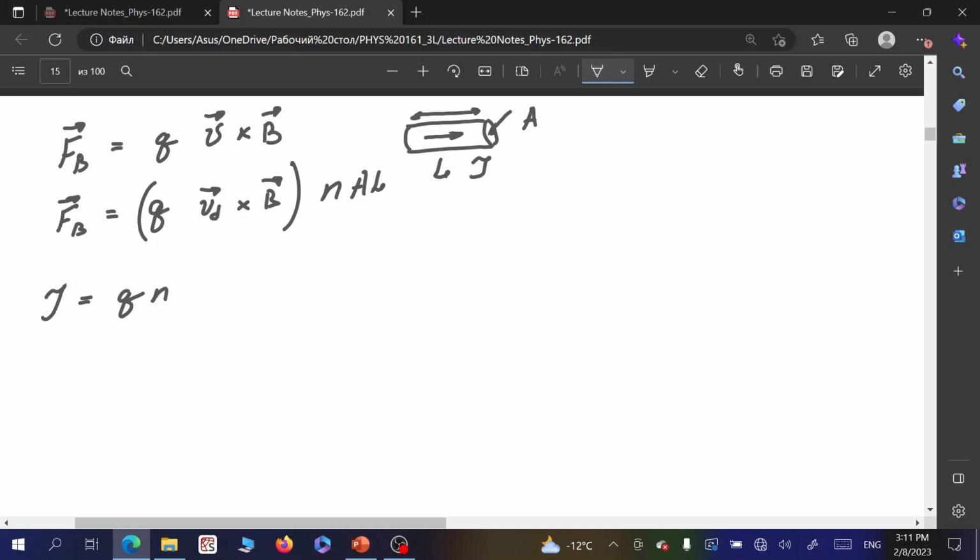Q times N times Vd times A. So this equation should be familiar to you. We considered that a few lectures ago.